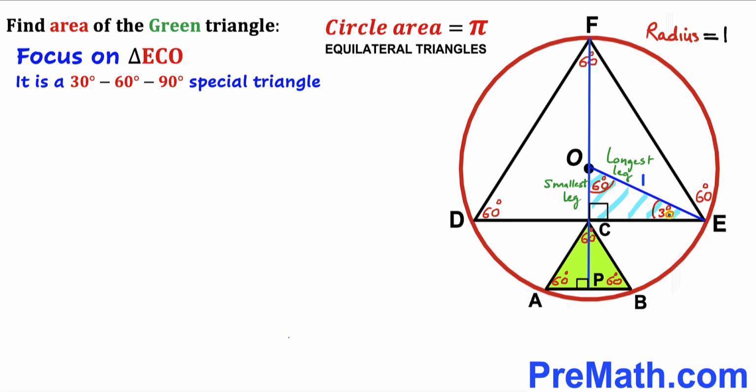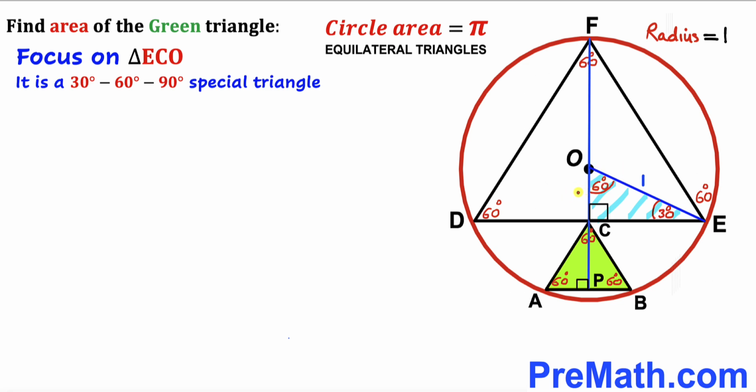And now let's make an observation. We can see that 30 degrees is our smallest angle, so the side opposite to this 30 degrees is going to be our smallest leg. And we can see 90 degrees is our largest angle, so the side opposite to that angle is going to be our longest leg. So in such a 30, 60, 90 special triangle, the longest leg is twice the smallest leg.